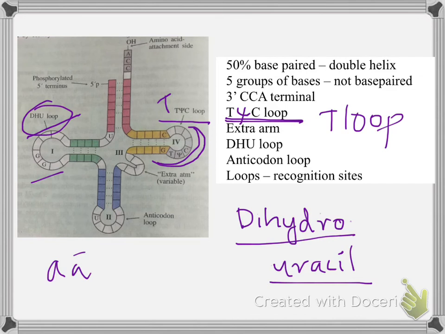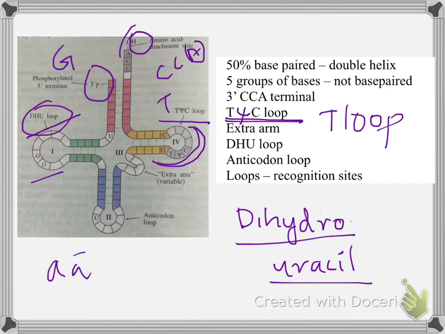Now let us summarize the structure of tRNA. This is the 5' end and this is the 3' end. The 5' end always contains a phosphorylated guanine. And the 3' end contains the CCA base sequence, and the 3' OH of the adenine is the binding site of the amino acid.